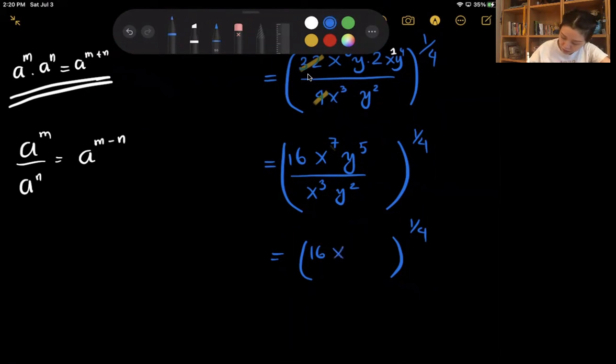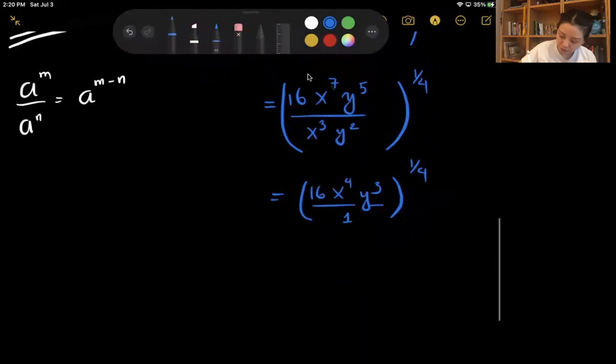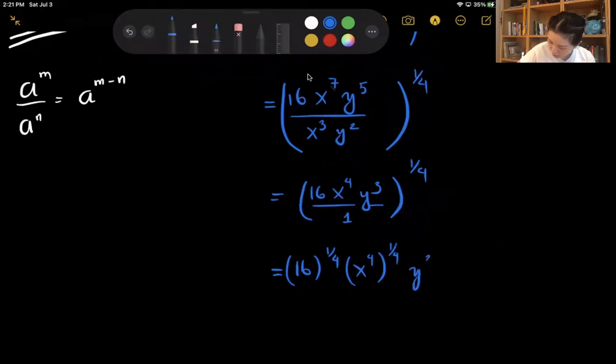It will be x to the 4, and then y to the 3rd, right? Of course, divide all of that by 1, but usually we don't write it. I'm just going to leave it there just for a laugh, okay? Okay, so now we distribute the power, right? So it'll be 16 to the 1/4, x to the 4 to the 1/4, and y to the 3rd to the 1/4.